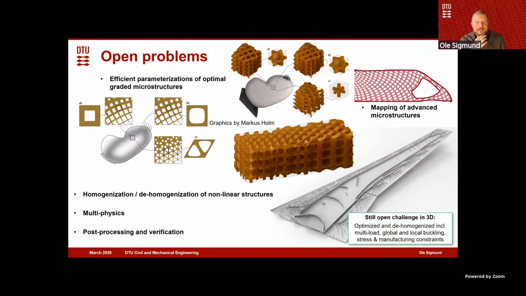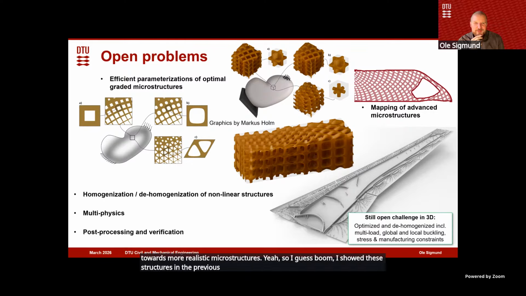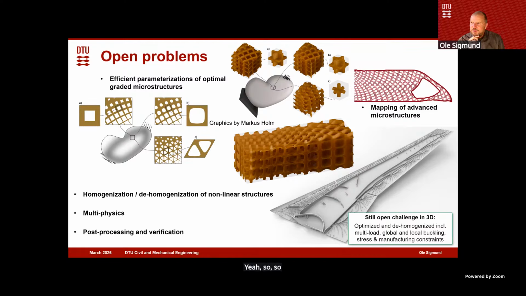Towards more realistic microstructures. Yeah, so I guess I showed these structures in the previous lecture where I showed this randomness on the surfaces. Ideally you don't really want to model every manufacturing defect, right?